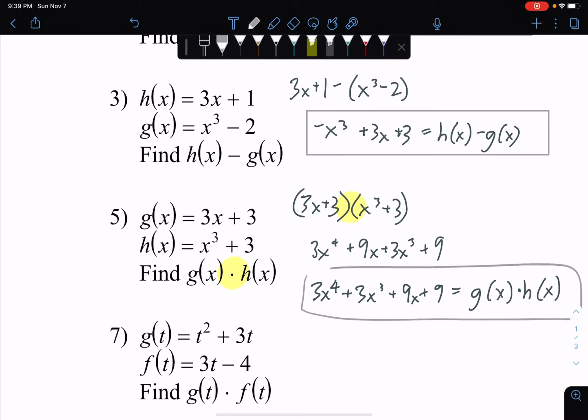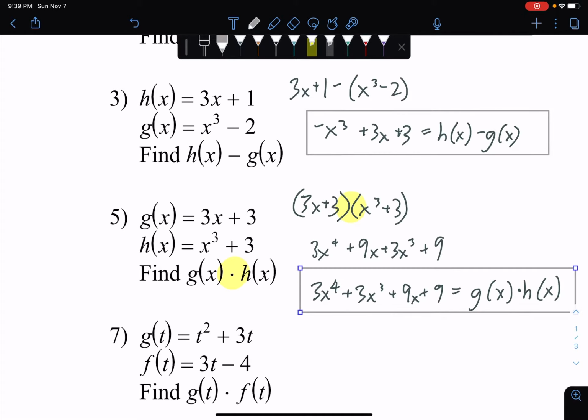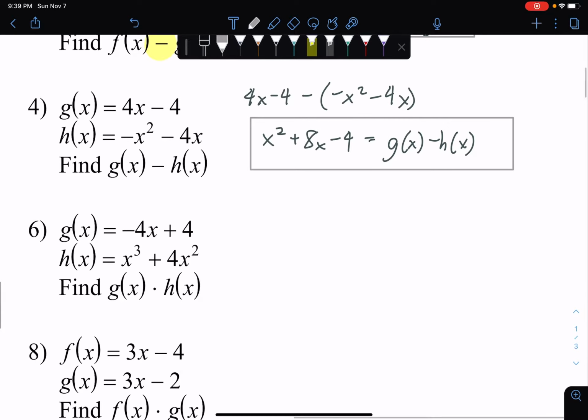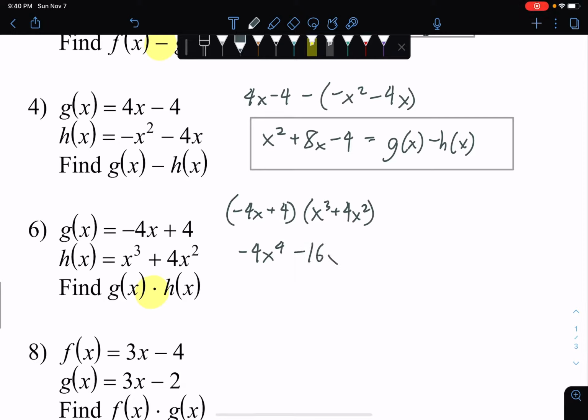Alright, square that. And let's move to number 6. For number 6, our operation is multiplication. And we still don't know what x is in constant form, so proceed to the usual drill. Alright, so FOIL method, negative 4x raised to 4 minus 16x raised to 3 plus 4x raised to 3 plus 16x raised to 2.